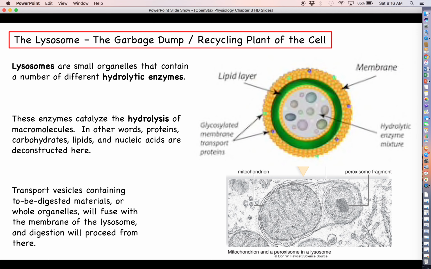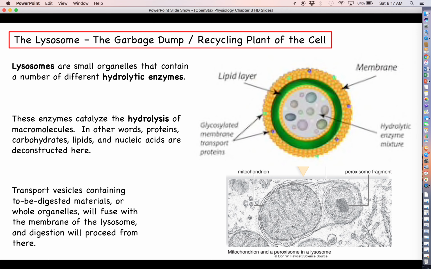Now, it is worth mentioning, and I think it's very interesting, that the lysosome can do more than just pick apart individual molecules. In this electron micrograph at the bottom right, you actually see 2 different whole organelles. You see a whole lysosome, which I'm going to trace here with my mouse on the outside. And inside this lysosome, you have a whole mitochondrion and a whole peroxisome.